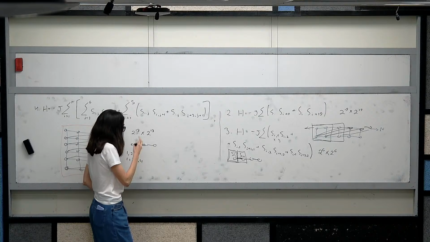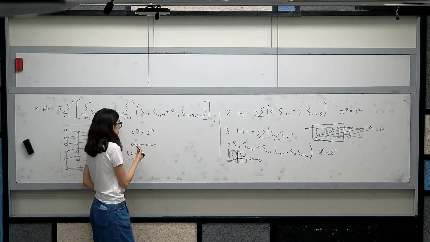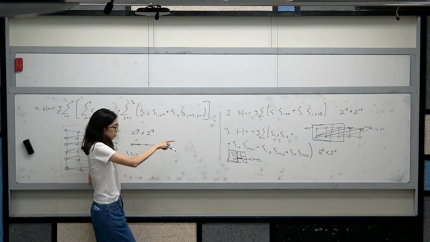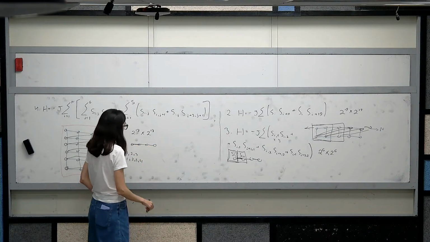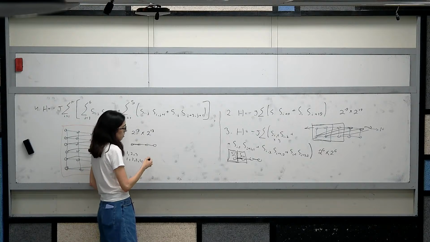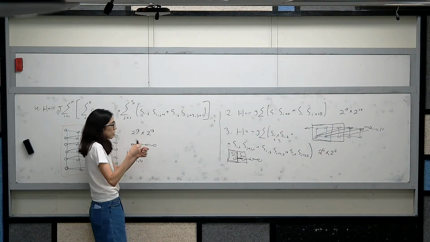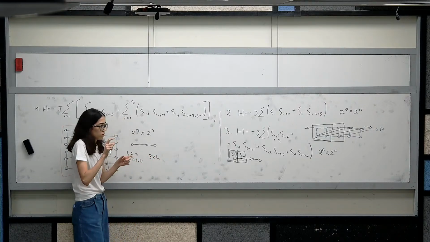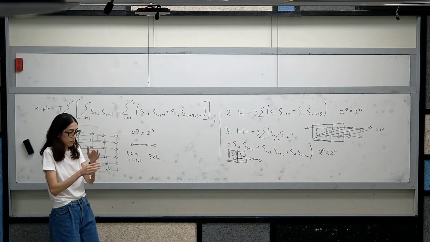So if you have only the nearest neighbor interaction, then instead of 2 by 2 when normalizing, now you have 3 multiplied by 4, because half the spins are like that, half the spins like that. So overall.